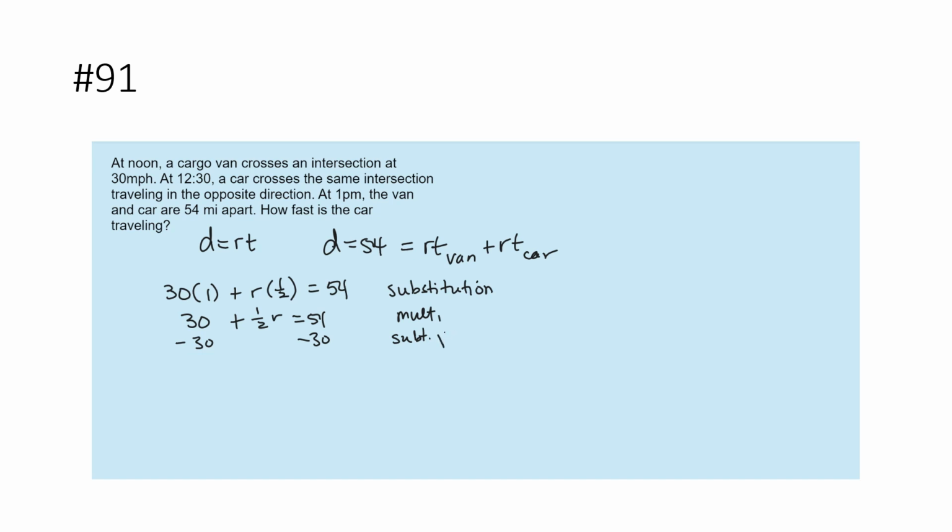Subtraction property of equality. And I'm going to get 1/2 R equals 24. Then I'm going to multiply both sides by 2. Multiplication property of equality. And I'm going to get R equals 48. So the rate of the car is 48 miles per hour.